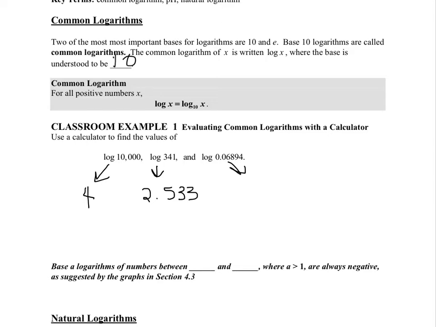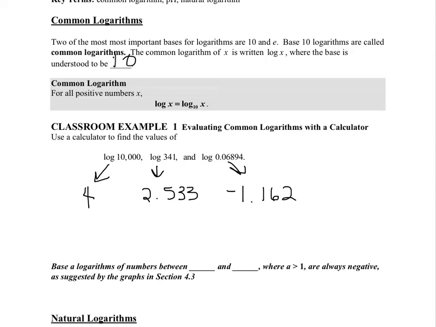Notice we have a decimal number that's smaller than 1 in this last one. That should tell you my exponent has to be a negative value, and you should get negative 1.162 if you round three places to the right of the decimal. Notice in bold we have a little reminder here.